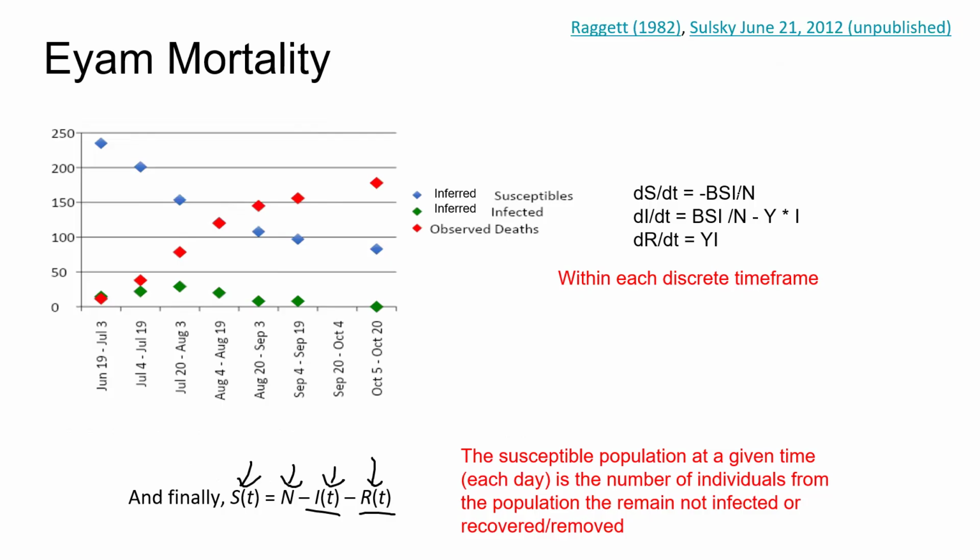So what do we see? Again, we see the number of susceptible people go down, because people who are being infected go up, and the observed deaths have gone up as people no longer are susceptible.